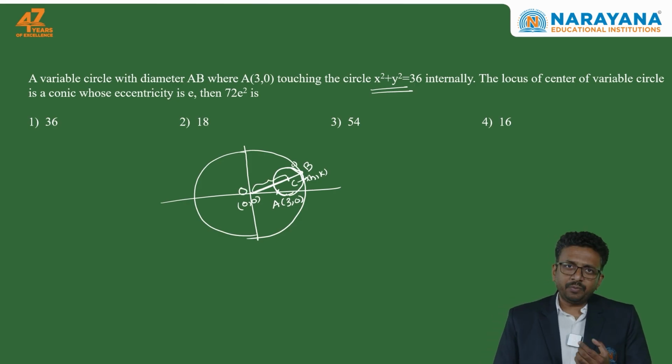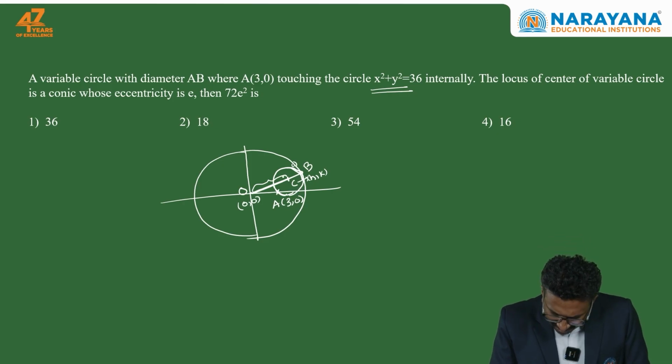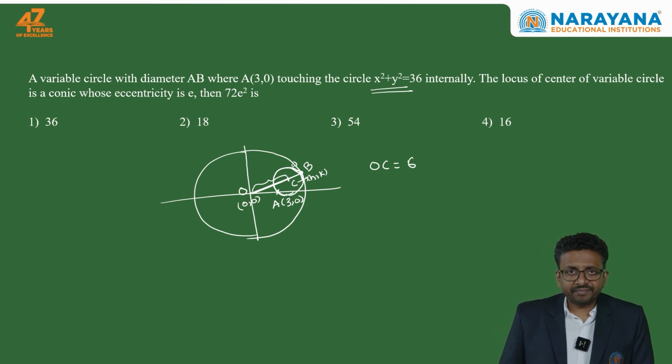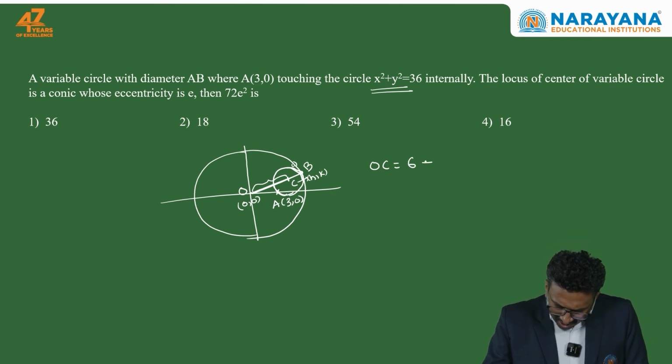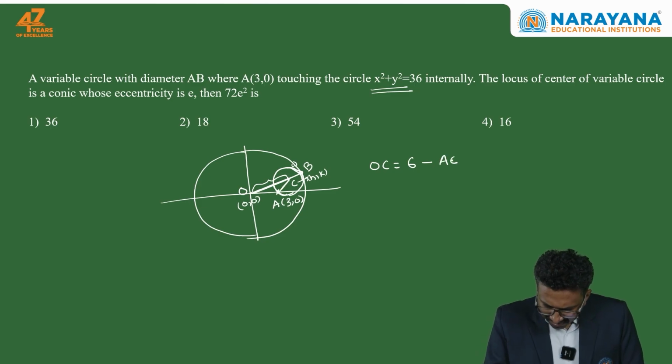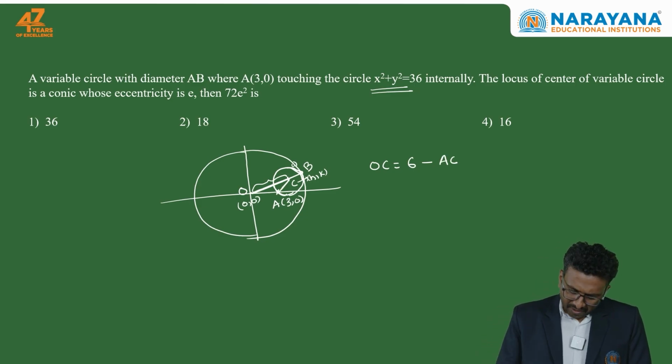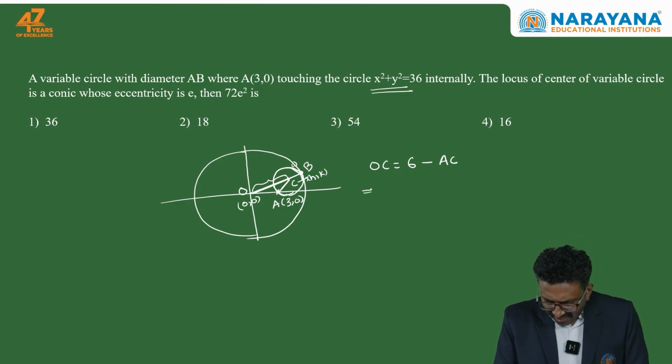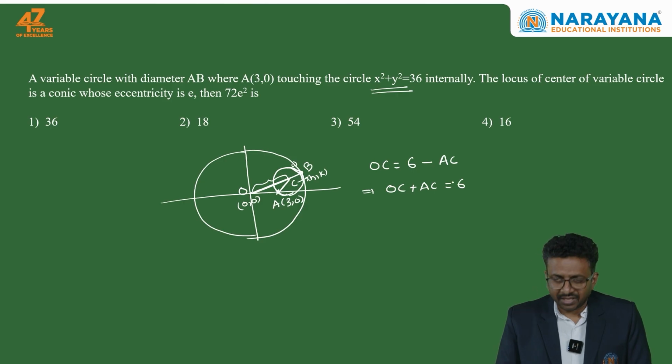OC is equal to bigger radius minus smaller radius. The bigger radius is 6, minus the smaller radius, which is the length AC, because A is a point on the circle and C is the center. So clearly OC + AC = 6.